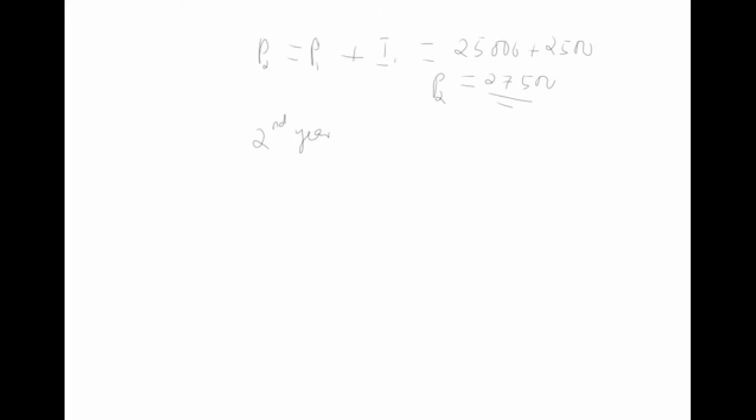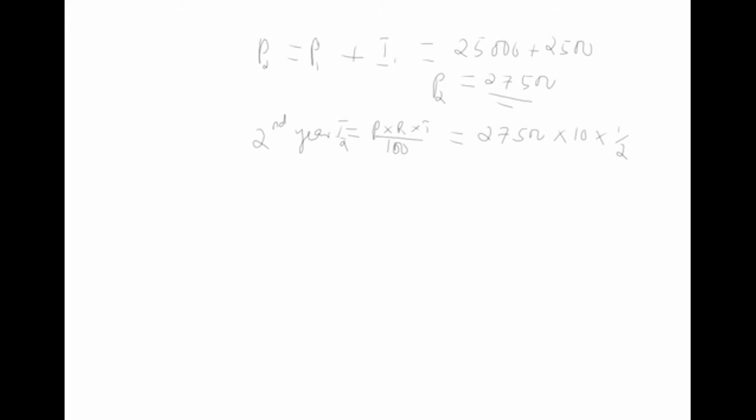So we have our second year. In our second year, we'll have to calculate the interest too, which will be given by principal times rate times time over 100. So this one will be, our new principal is 27,500. We multiply by rate. Rate remains the same, which is 10%. We multiply by time. Time is now a half.